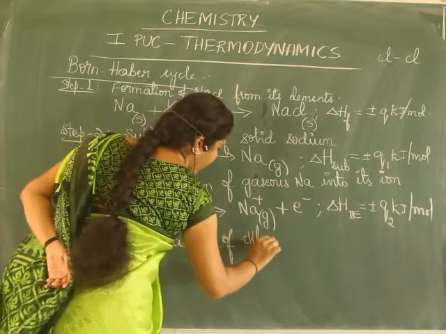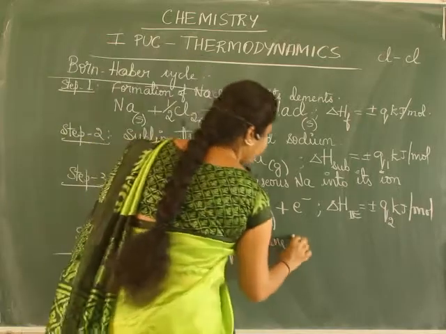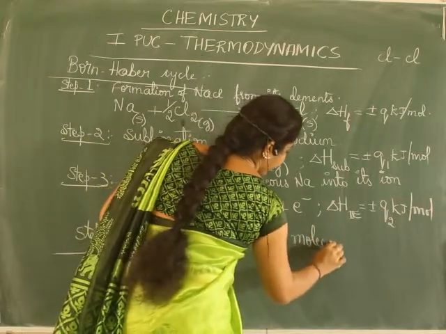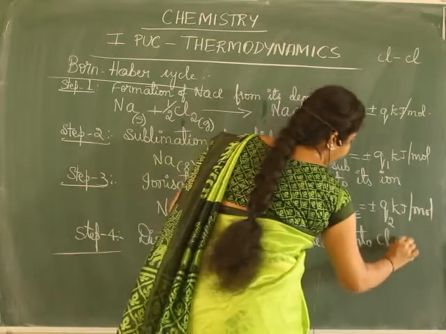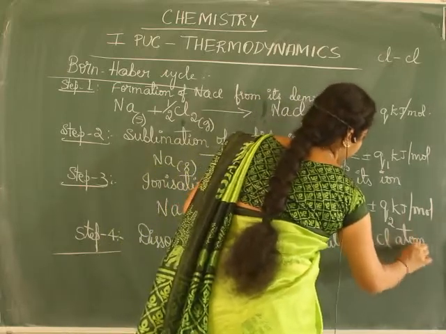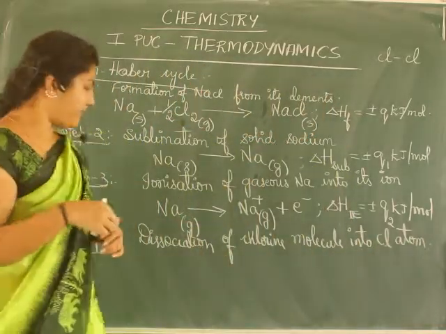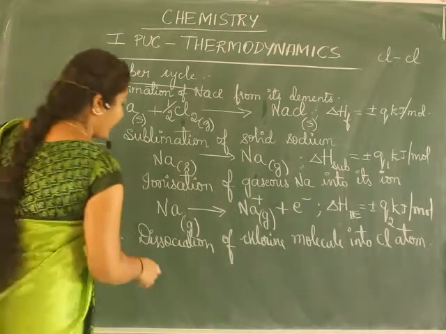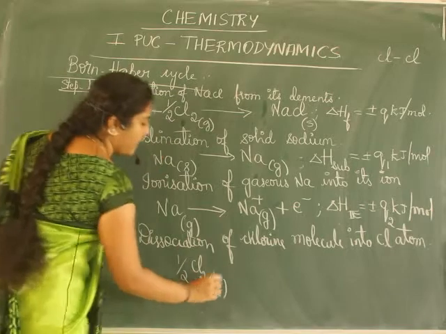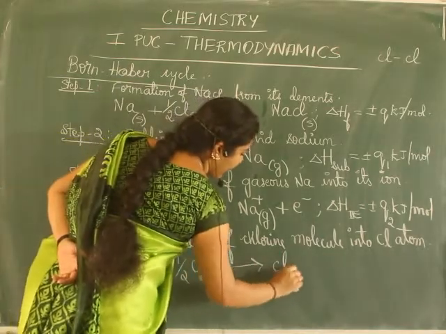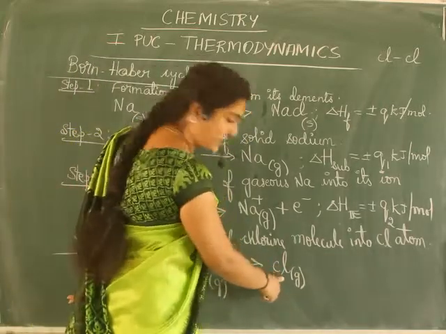You call it a molecule, isn't it, because it is combined. Chlorine molecule into chlorine atom. So half Cl2, which is already in gaseous state, you convert into Cl, which is in gaseous state. Only one Cl you will be writing here.